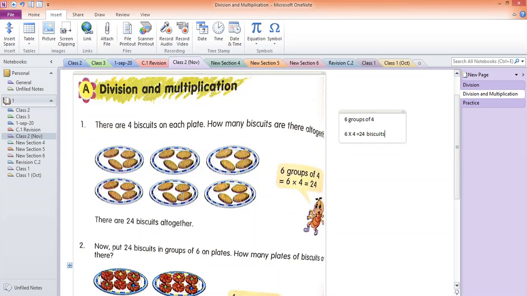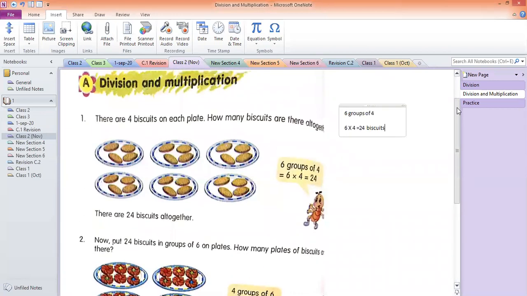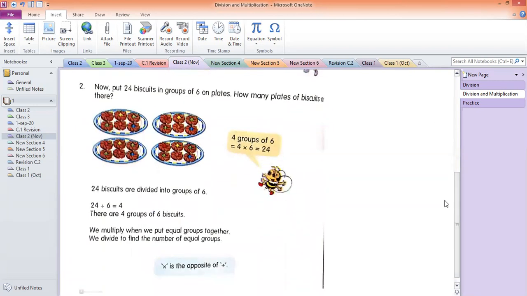Now let's suppose I say to put 24 biscuits not in groups of 4 but 6 biscuits on a plate. In first you saw there were 4 biscuits in the plate, but now I am saying put 6 biscuits on a plate. So how many plates of biscuits are there? There are total 24 biscuits.